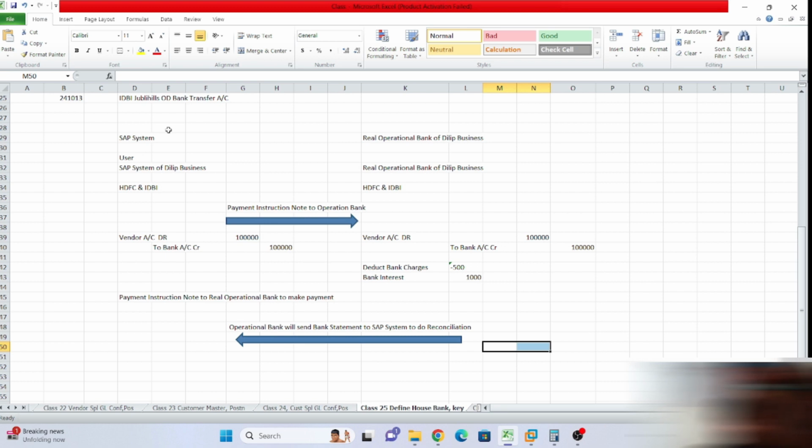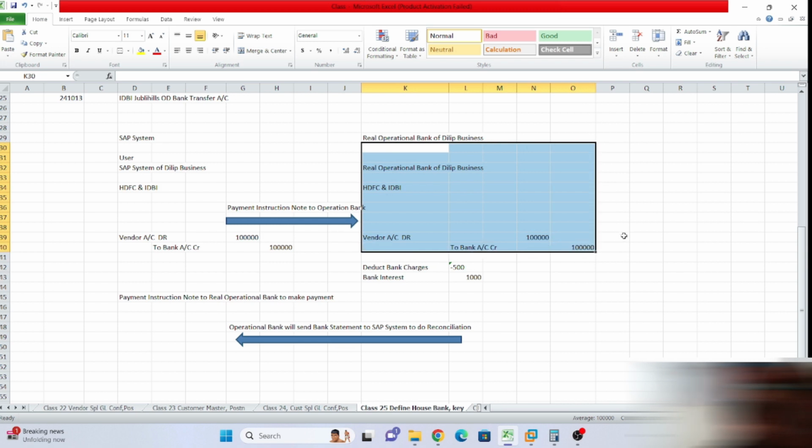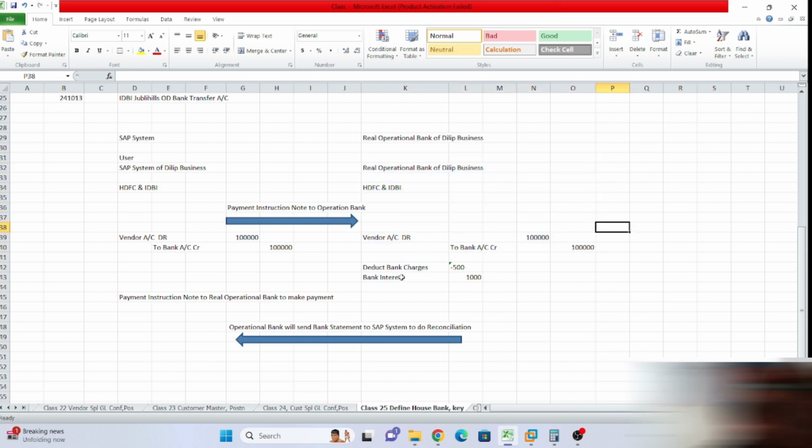After making payment in the SAP system, they will send the payment instruction note to the real operational bank. They will then deduct the amount from the current account. Once it is done, every month end, the bank people will send one bank statement to SAP people to do the reconciliation.